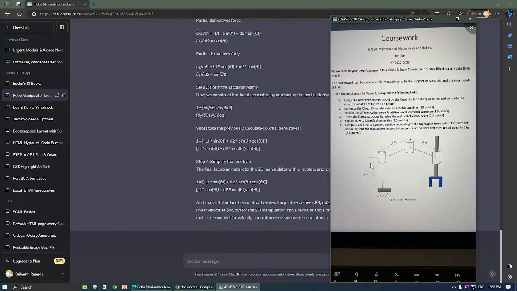I guess the Jacobian is the way to go for that, because unless we are able to find and use the Jacobian, we won't be able to do even inverse kinematics or the joint space, those Cartesian spaces, stuff like that. These kinds of conversions can only be done using the Jacobian matrix.